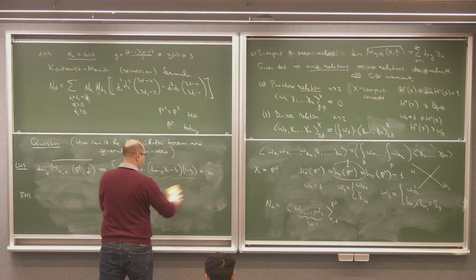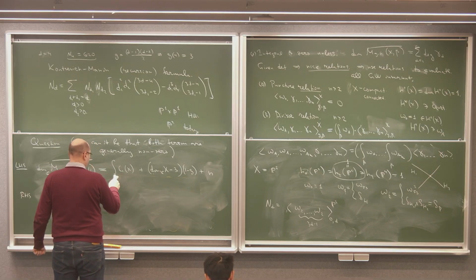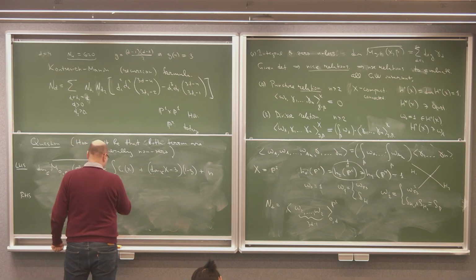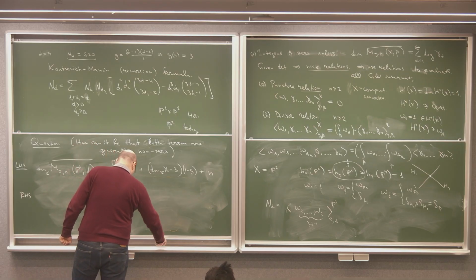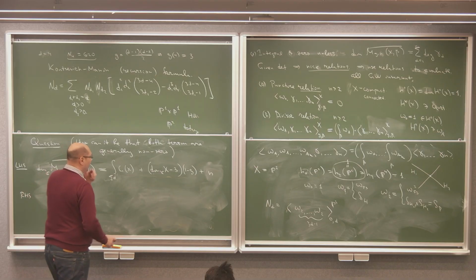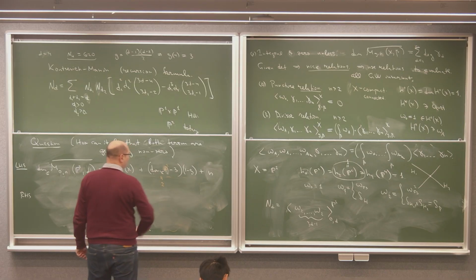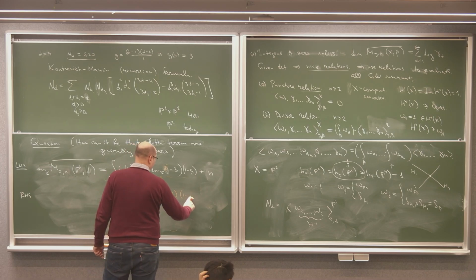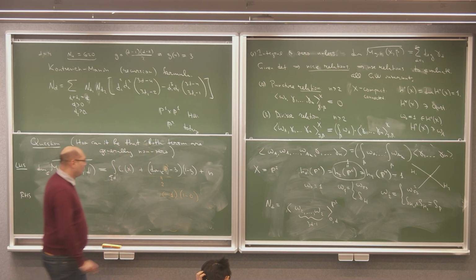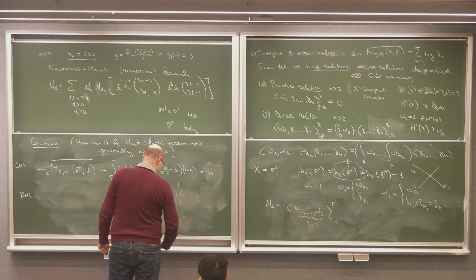The complex dimension of P2 is 2, so it's 2 minus 3, which is minus 1. And here we have 1 minus g, which is 1 for genus 0, so this factor is plus or minus 1.